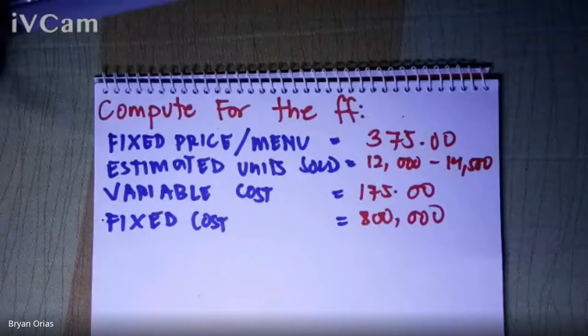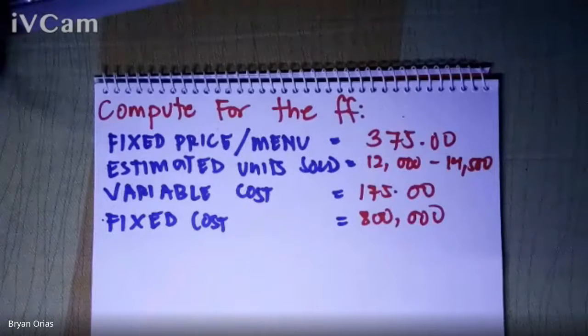Yung contribution margin minus fixed cost. So, makukuha mo na dun yung total profit or total loss. So, i-deduct nyo lang yung contribution margin minus fixed cost, you will get net profit or net loss.